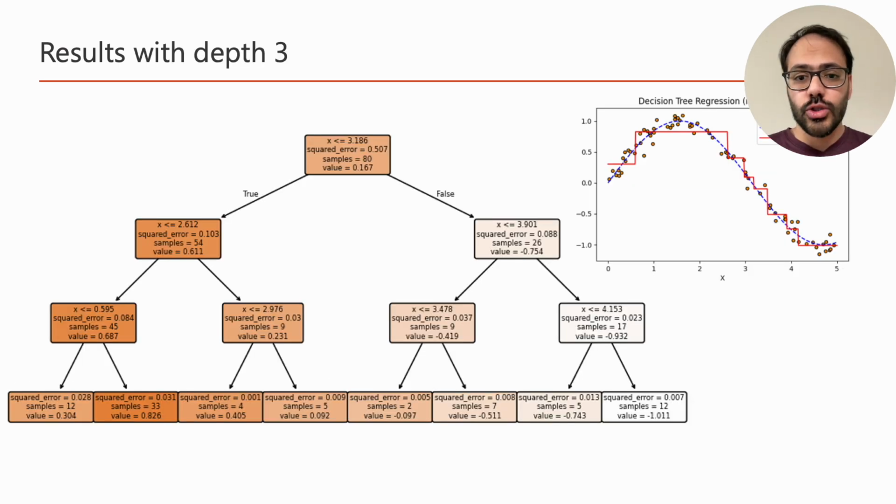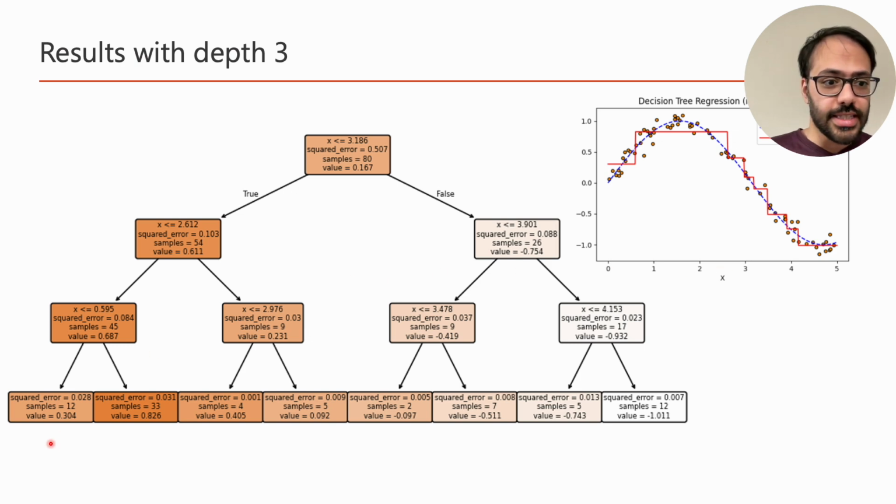And we can do this also for higher values of depth. So for example, for depth 3, you can see that now we have 1, 2, and 3 levels. So first we're going to use the same 3.186, which is here, as our first condition. And then we're going to have 2 other conditions, whether it is less than 2.612, right?